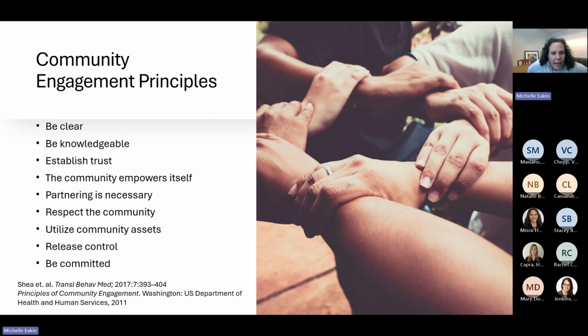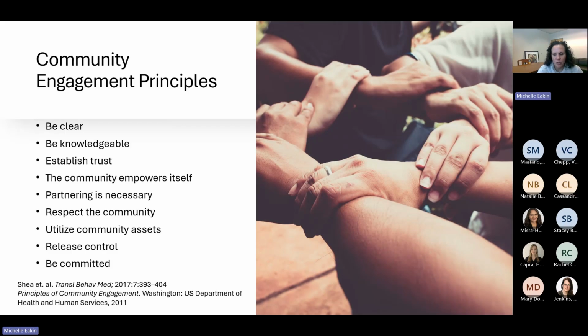So we go back. As implementation science has been evolving as a field, I will say community engagement research has also been evolving as a field on its own. And we can look back into a lot of the work that was being done in community engagement outside of the implementation science frameworks and look at the work that they have done in terms of principles and necessary core competencies to really engage in meaningful community engagement.